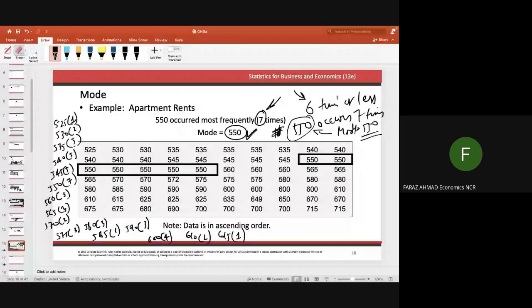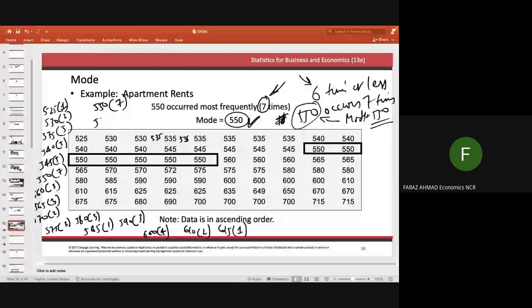So we have a 535, we have another 535. Now 535 is occurring 1, 2, 3, 4, 5, 6, 7 times, right? In this case, 550 is occurring 7 times. 535 is occurring 7 times. So we have a bimodal data.